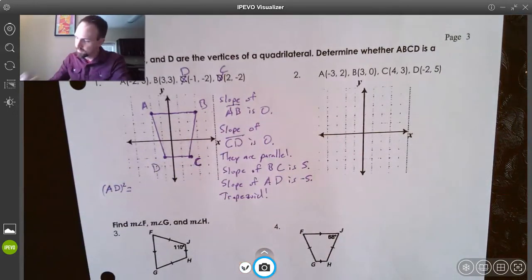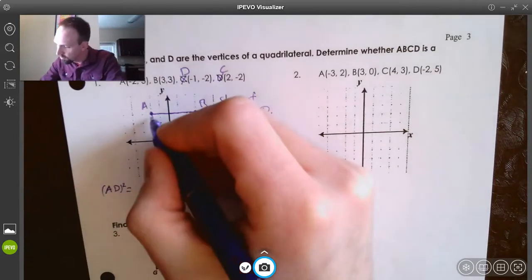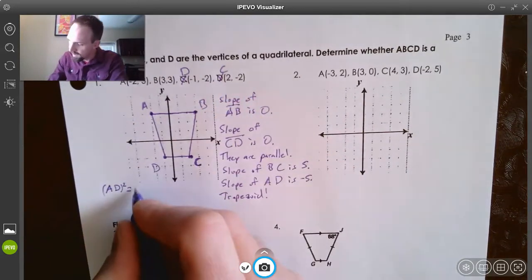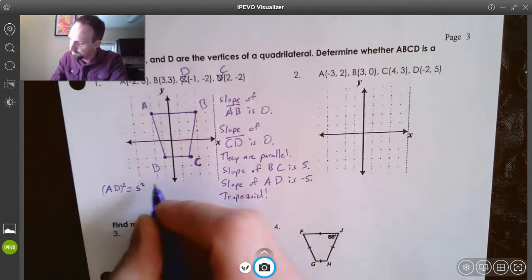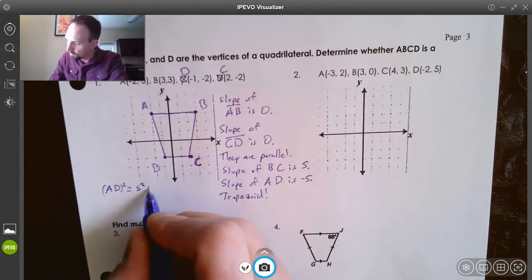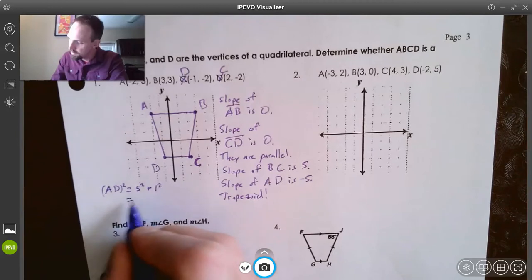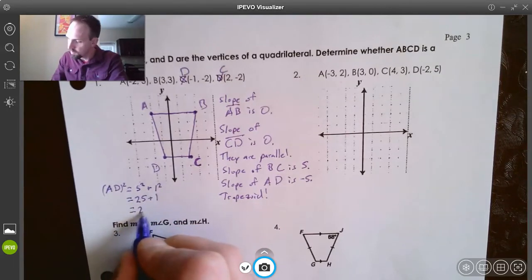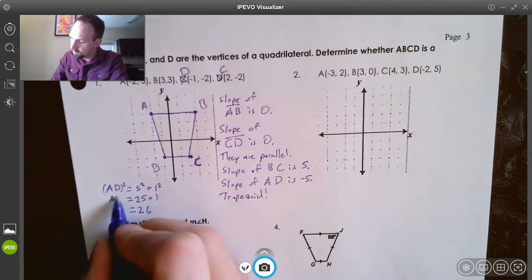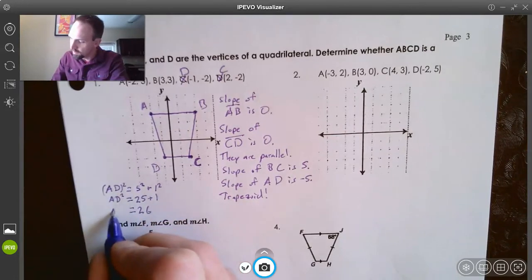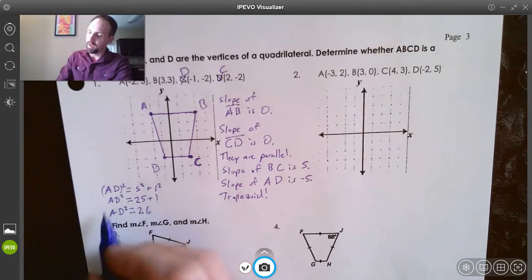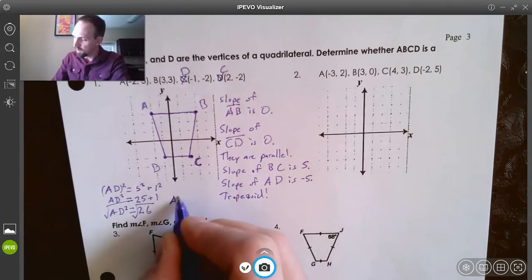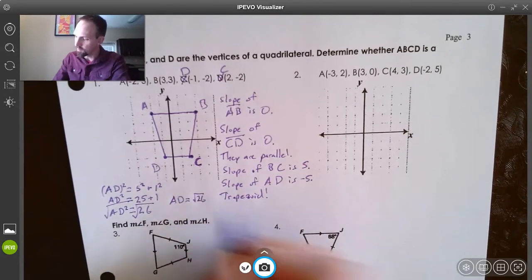So this side, 1, 2, 3, 4, 5, that's 5 squared, and that's 1 squared. So that's 25 plus 1, so that's 26. So the length of AD squared is 26. I want to take the square root, so the length of AD is equal to the square root of 26.